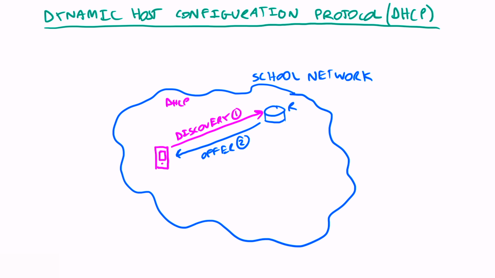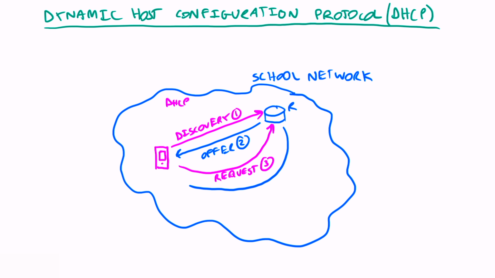And then if the device is happy with that offer, it can send another message to the router and say request. So the device likes the idea of that IP address, so it will request that IP address.